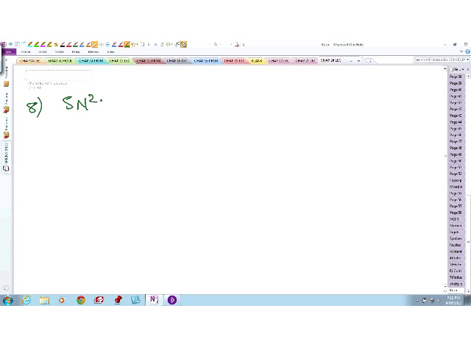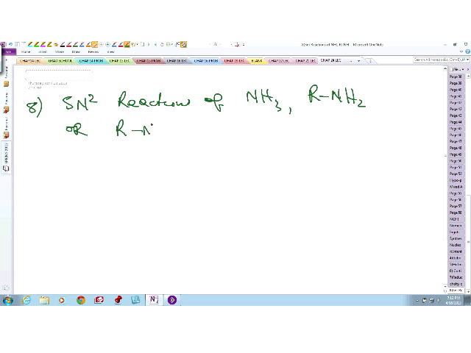This will be SN2 reactions of ammonia, primary amine or secondary amine.